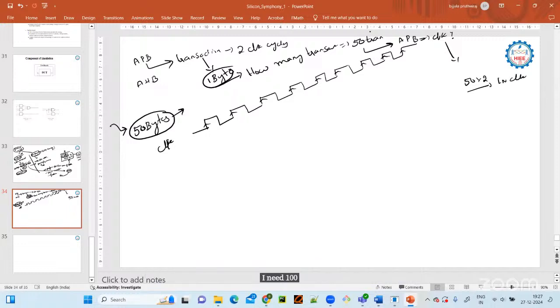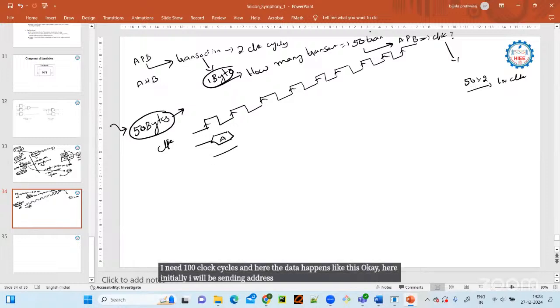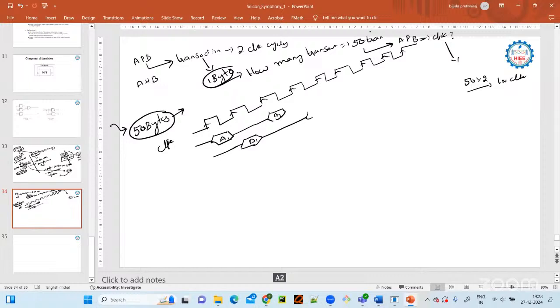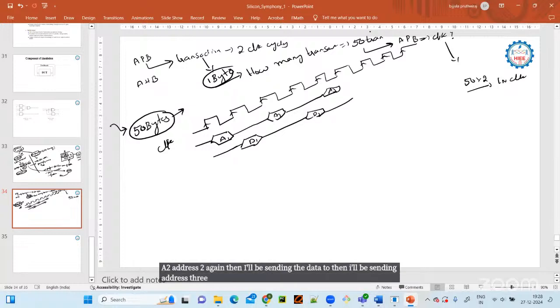And here the data happens like this. Initially I will be sending the address and then the data: A1, D1, and then address A2, then data D2, then address A3, then data D3. So what is happening here?